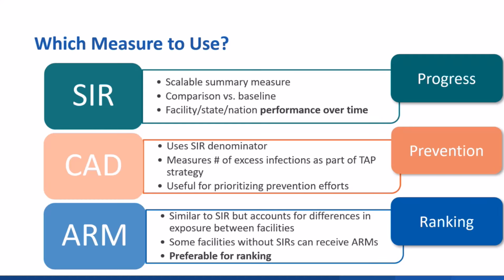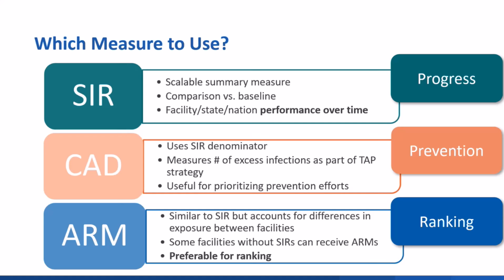Then when we talk about the ARM, again, similar to the SIR, it uses the SIR denominator, but it accounts for the differences in exposure or reliability between facilities. It's also nice because it's incorporating that reliability into the calculation. Some facilities that don't receive SIRs can receive ARM rankings.